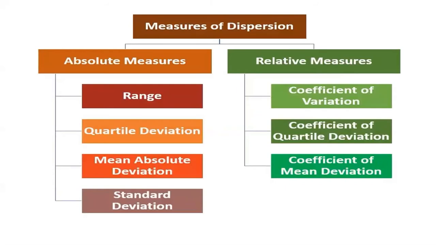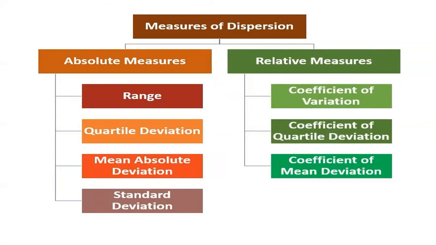Now we have different measures of dispersion. These are categorized under 2 parts, like measures of central tendency were classified in 2 parts, positional average and mathematical average. Here, absolute measures and relative measures are there. In absolute measures we have RQMS: range, quartile deviation, mean deviation or absolute deviation, and standard deviation.